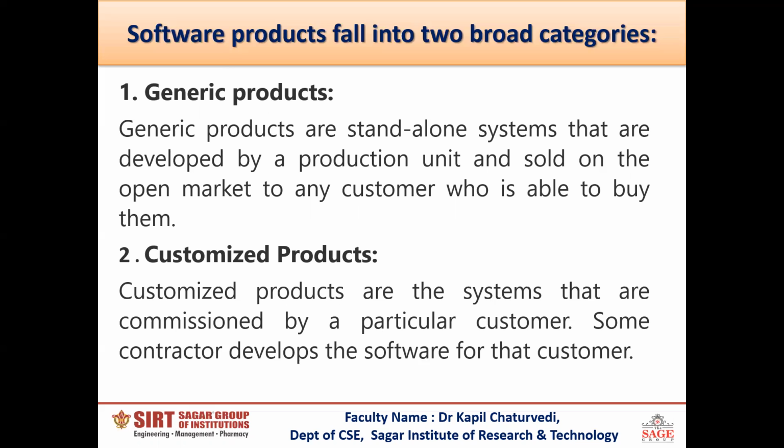We use the term contractor here because once a software product is developed and deployed on the client side, it requires continuous updations, and a contract is signed between the company and the client to update that software from time to time. There may also be a third party which maintains that software from time to time.